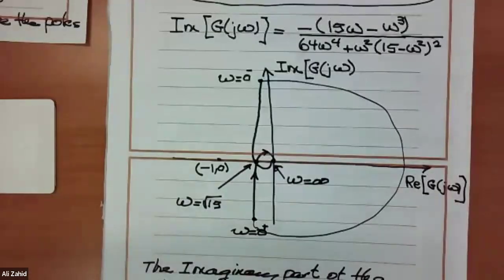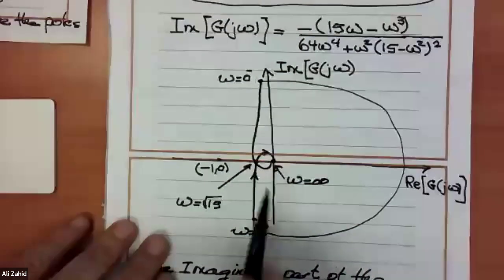Now, will it remain stable as I increase k? No. As I increase k, will it remain stable or not? At some point, it will become unstable. Why? Because what did I tell you a moment ago? As you multiply by k, you are scaling. What is the point here?